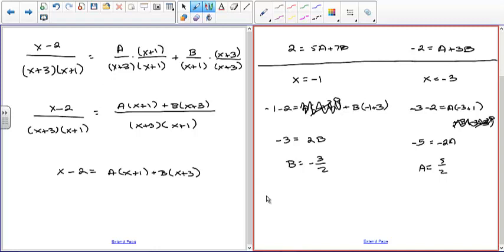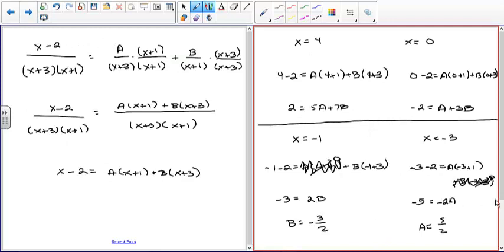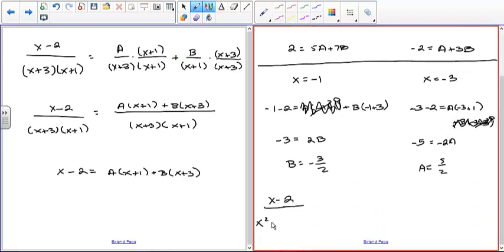And so my original rational expression, which has a quadratic in the denominator, which was x squared plus 4x plus 3, is equal to 5/2 times 1 over x plus 3, minus 3/2 times 1 over x plus 1.